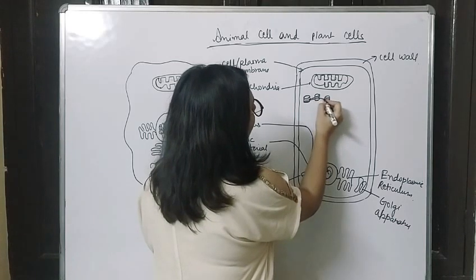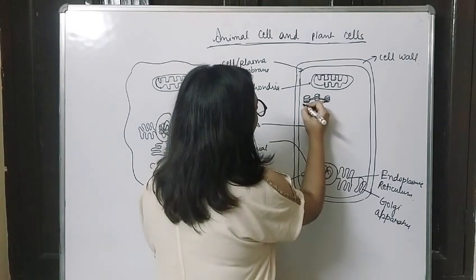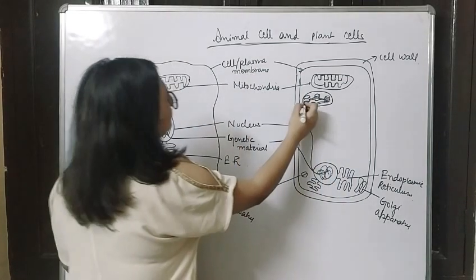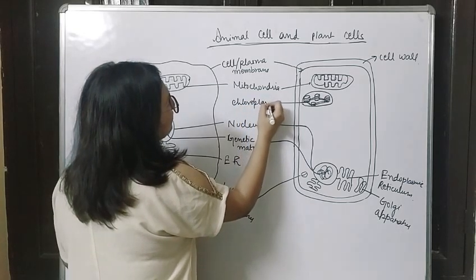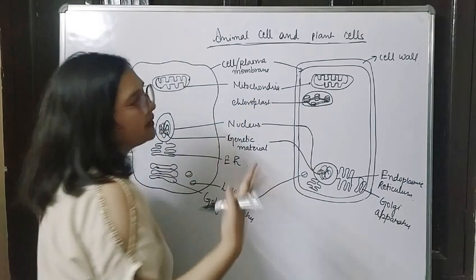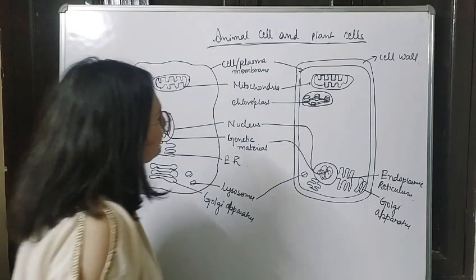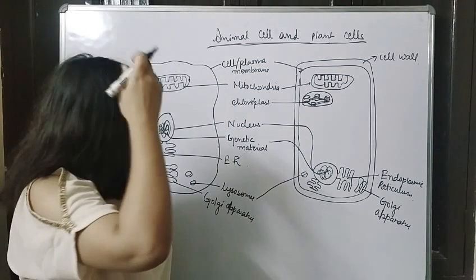Later on you have to connect all these piles. Fine. And then you have to put this like this. This is your chloroplast, but make sure your chloroplast should be present in only plant cell, because animals are not able to produce their own food, so chloroplast should not be present here. Chloroplast is one type of plastid, right?